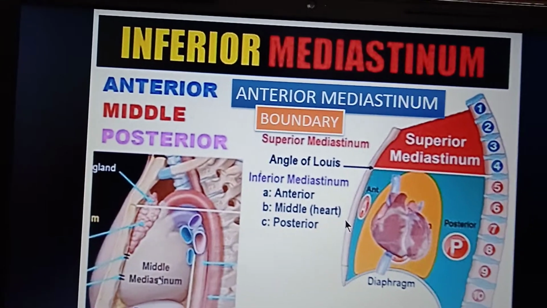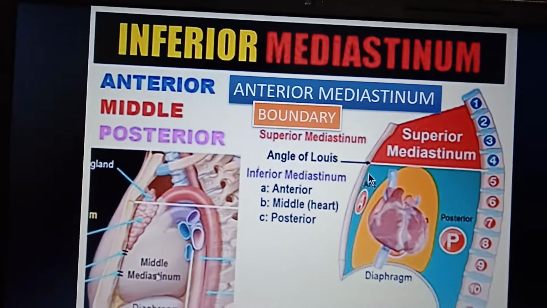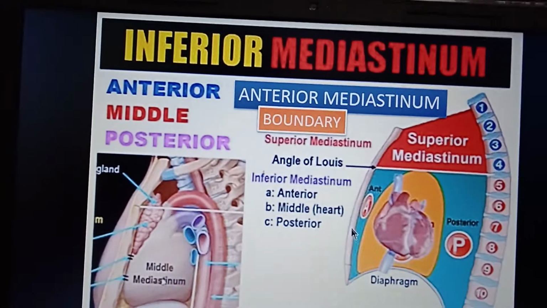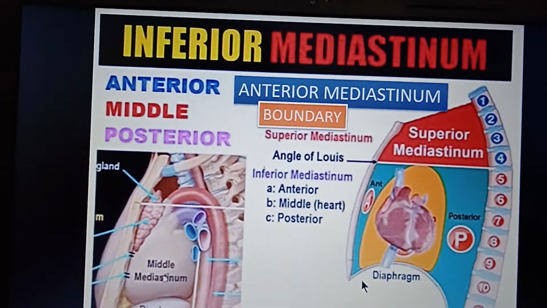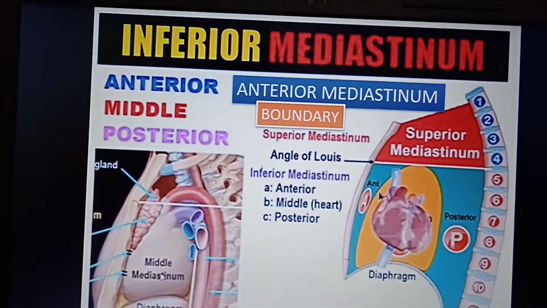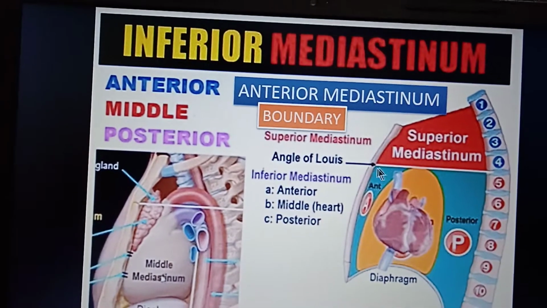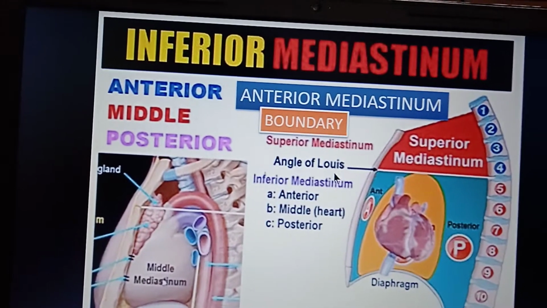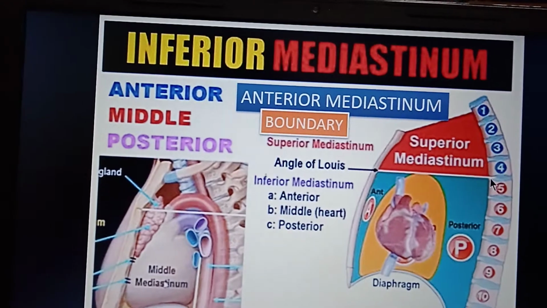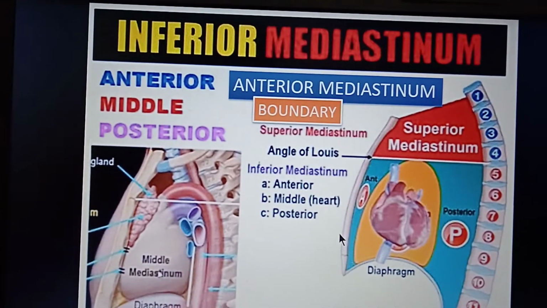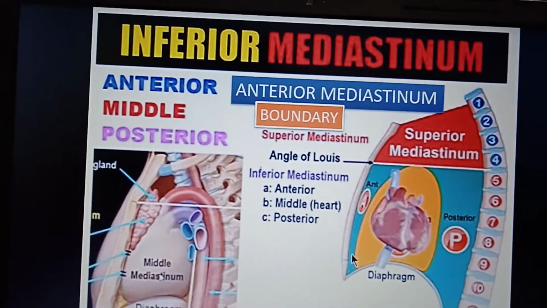So anteriorly, the posterior aspect of the body of the sternum and xiphisternum. Posteriorly there is the pericardium. Superiorly, the imaginary line traversing from the angle of Louis to the T4 vertebra, inferiorly the diaphragm, and on both sides the mediastinal pleura.